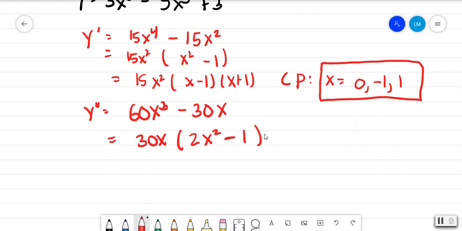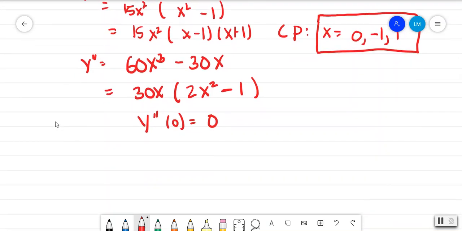Be careful with this because we're not technically looking for the inflection points. We're looking for what the derivative is when we plug it in. If we plug 0 into the second derivative, we get that y double prime of 0 is equal to 0. So we're not sure. It's inconclusive for 0.